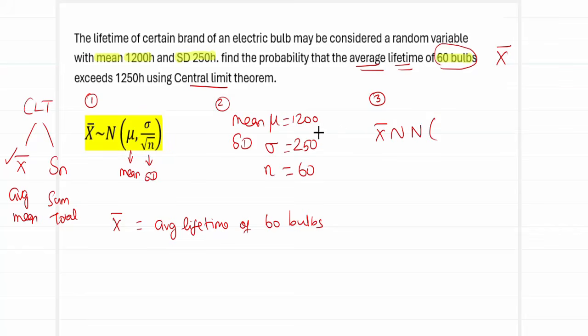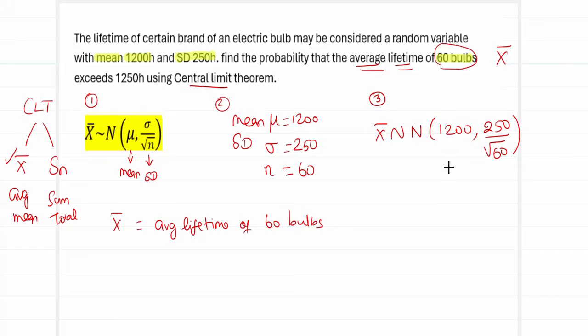What is mu? It is going to be 1200. And what is the second quantity? The standard deviation, sigma by square root of n. So sigma is 250, divided by square root of 60. So I have fixed the data obtained in step 2 into my formula from step 1. So my step 3 is: x bar follows a normal distribution with mean 1200 and standard deviation 250 by square root of 60.